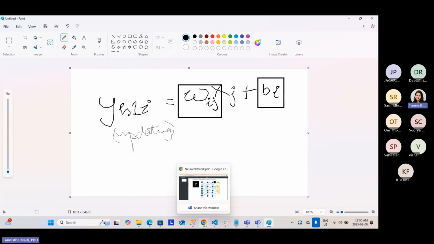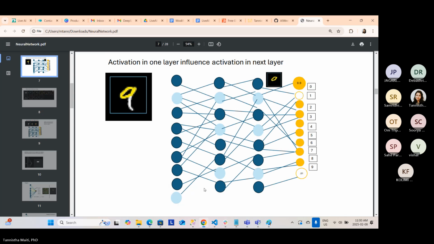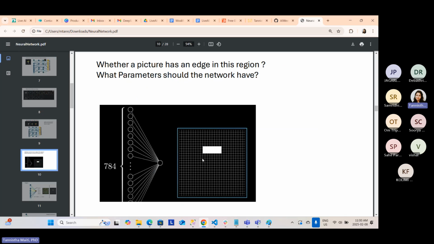So if I go back here, let's now think, instead of those digits, that I want to train a neural network which can understand where my edges lie. You have given an image to your neural network with different edges like this, which has a size of 784, let's say.